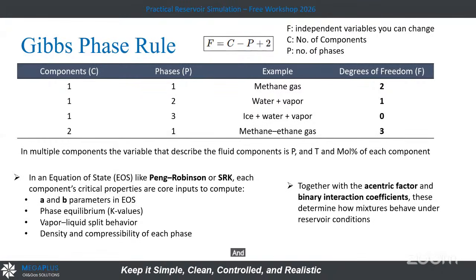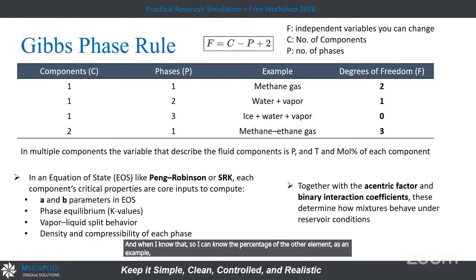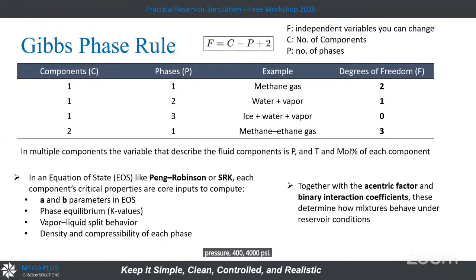And when I know that, I can know the percentage of the other element. As an example, pressure 4000 psi, the temperature 200 Fahrenheit, and at this pressure and temperature I will get 90% mole percentage of methane. So the percentage of the stream is methane 90%, and the 10% is ethane.